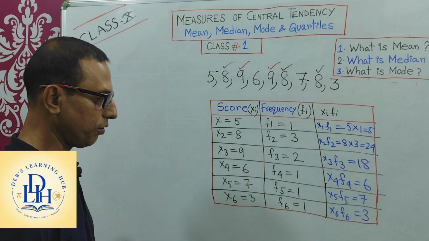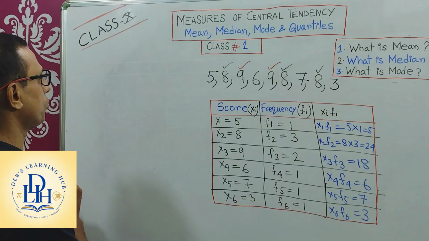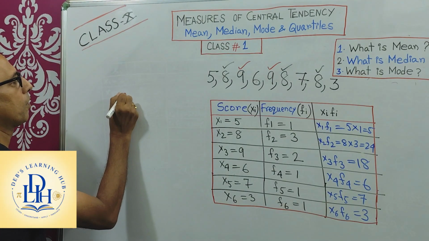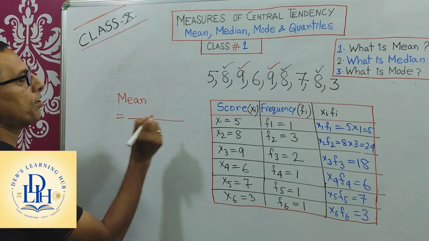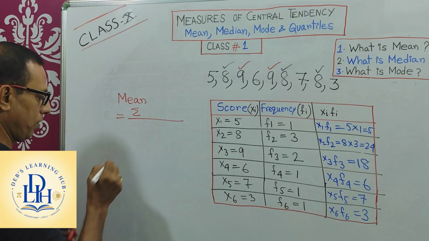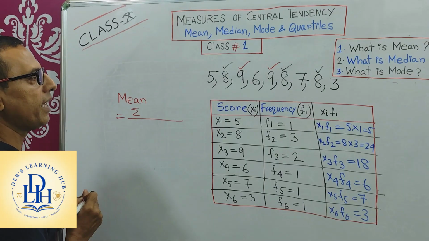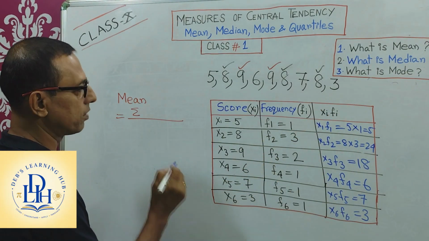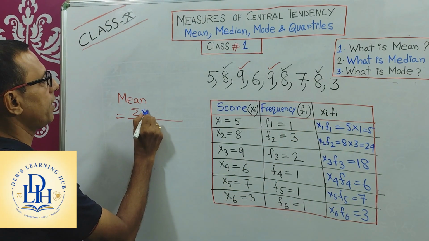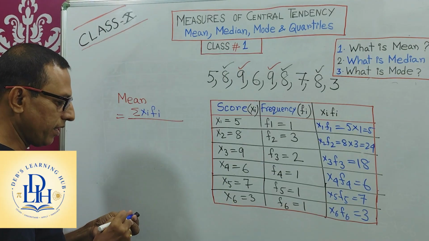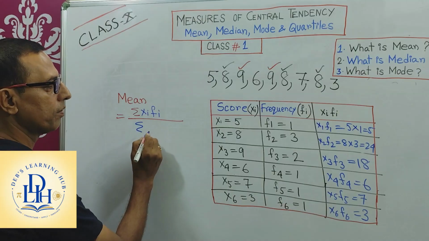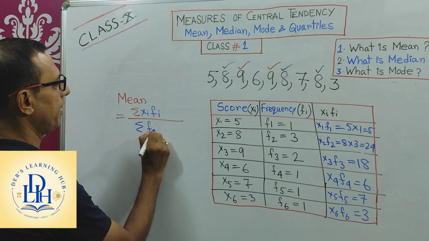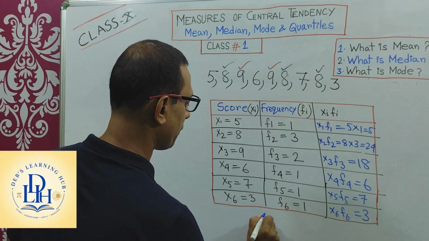So now, what do you need to do? Mean equals summation of xi fi, that is the summation of total numbers, divided by summation of fi. So what is the summation of fi?